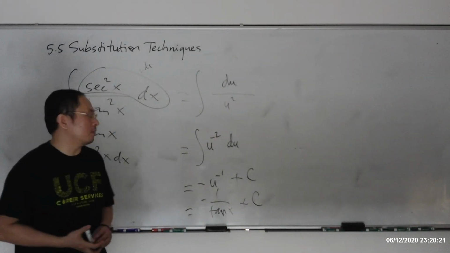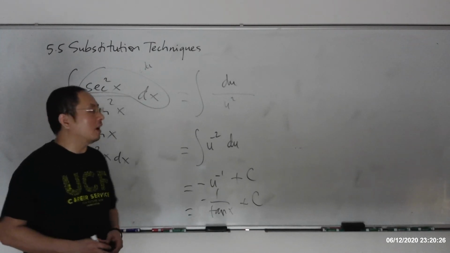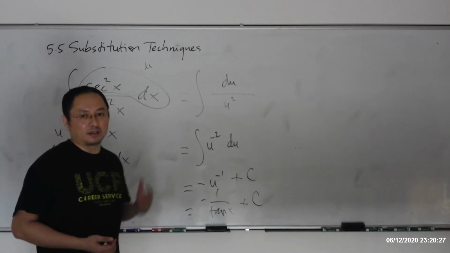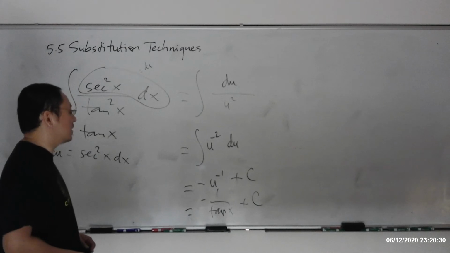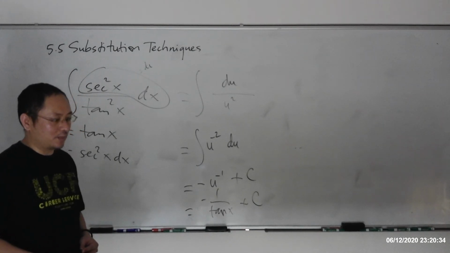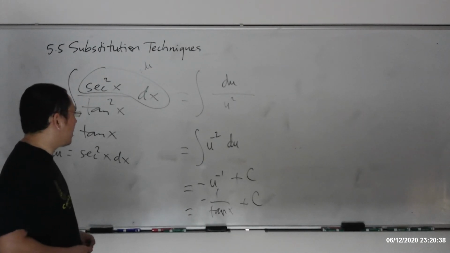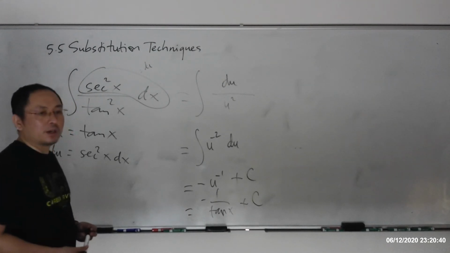As I mentioned before, there's no way for me to cover every single problem on the substitution technique. There are a lot more problems you will see later on in your homework, quizzes and exams. You practice more later on, especially when you move on to Calculus 2, where you are going to see more complicated problems using the substitution technique.